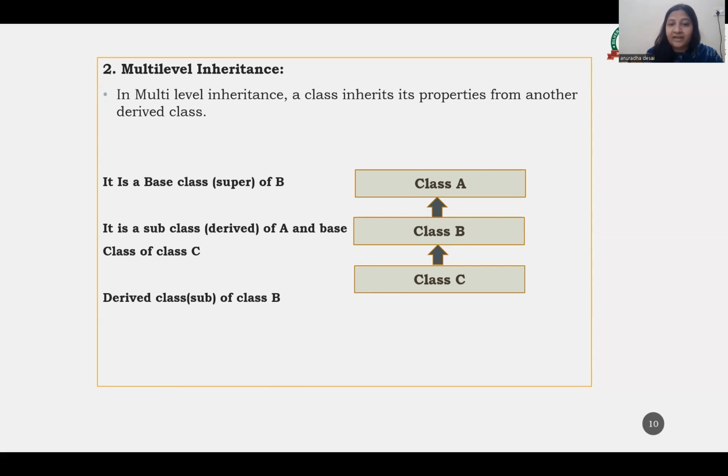So here you can see a base class of B. It is a subclass derived from A. Class B is derived from A and is the base class of class C. So it is a base class for class C, but it is a subclass of class A. This is how the inheritance works.